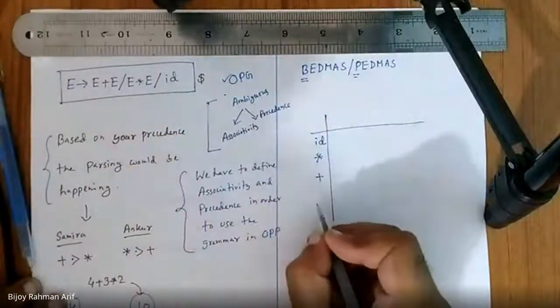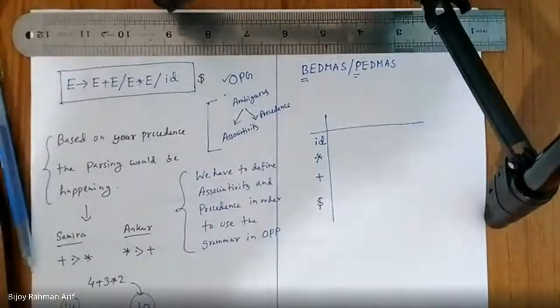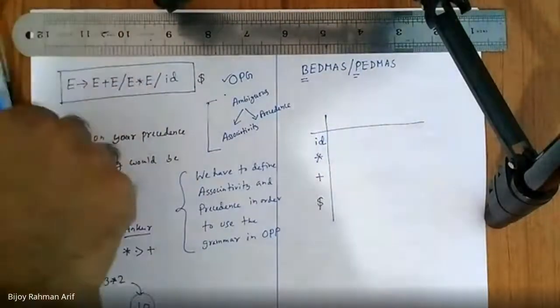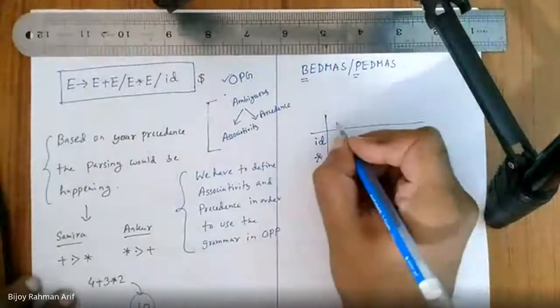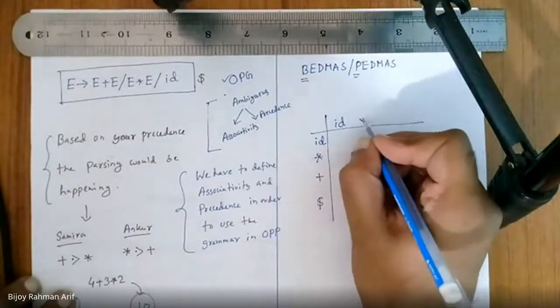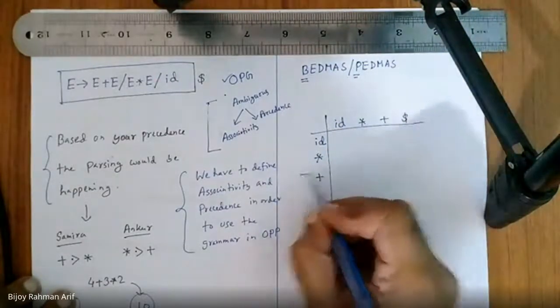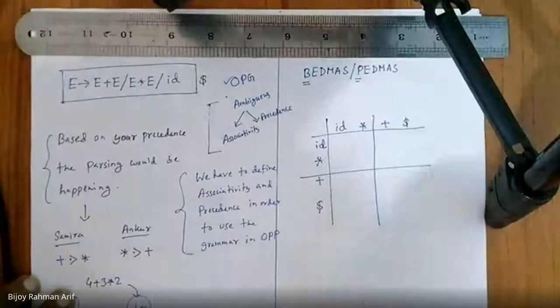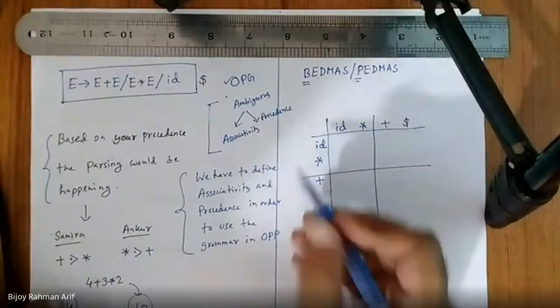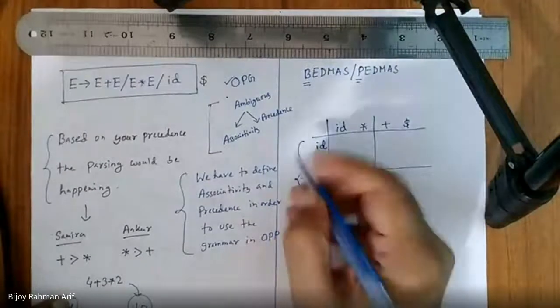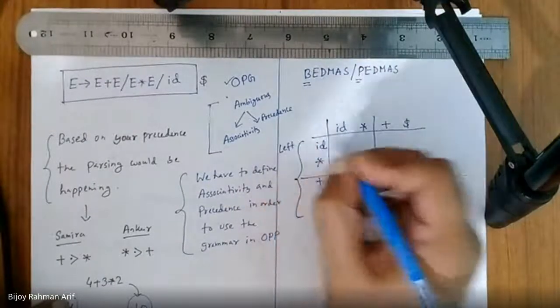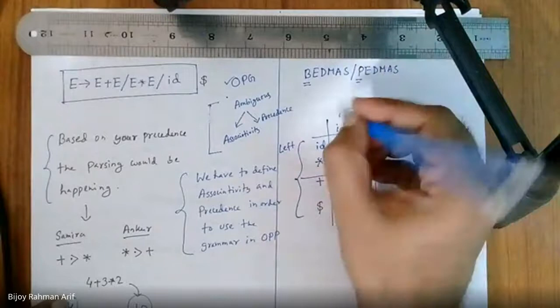So we have another one, dollar. And again we have here ID, star, plus. You can consider this the left side, and this one the right side.